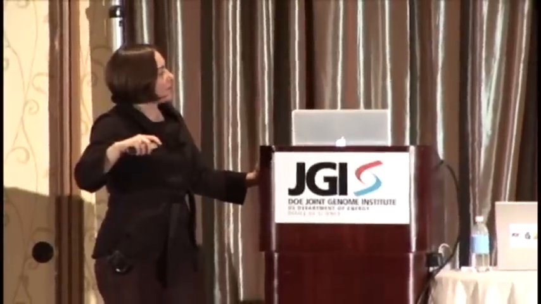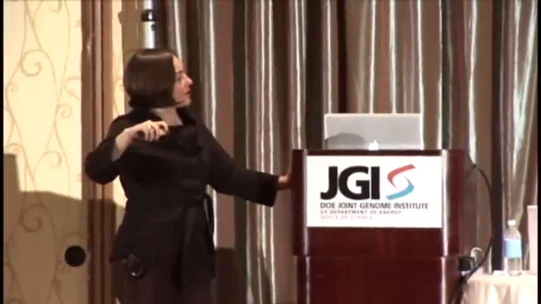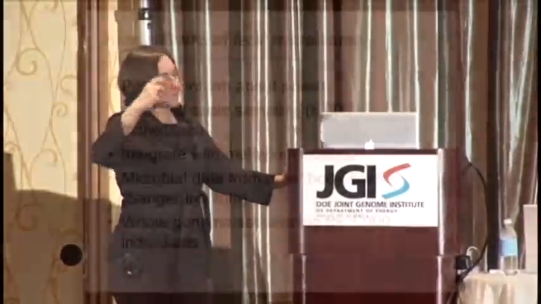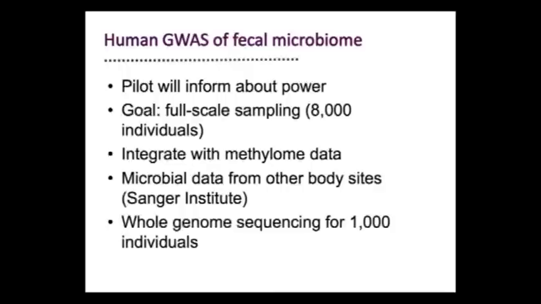Once we have our pilot study, we'll see about sampling the full 8,000, and then there's some other cool data sets that we expect to be able to integrate with, such as DNA methylation data, microbial data from other body sites that the Sanger Institute is generating. And then we'll be able to look at the effects of rare genes from the whole genome sequencing of 1,000 of the individuals.